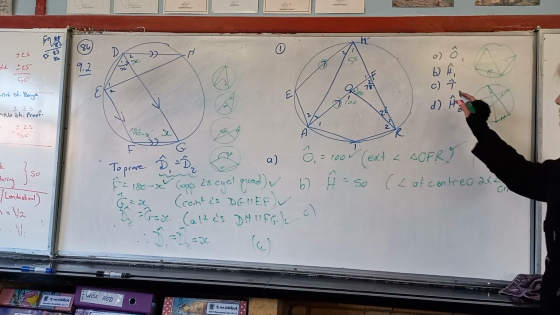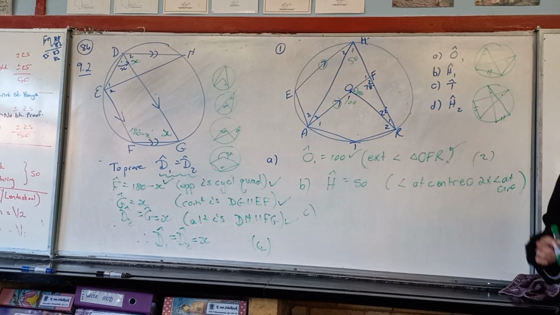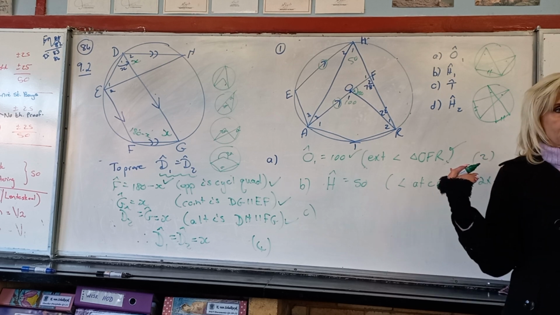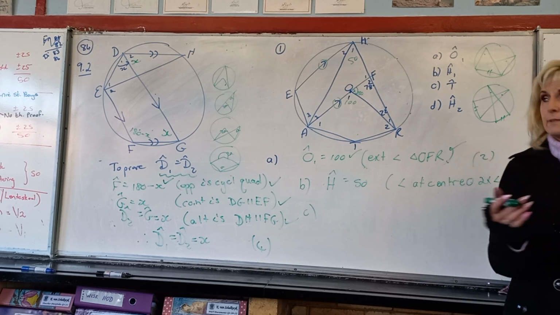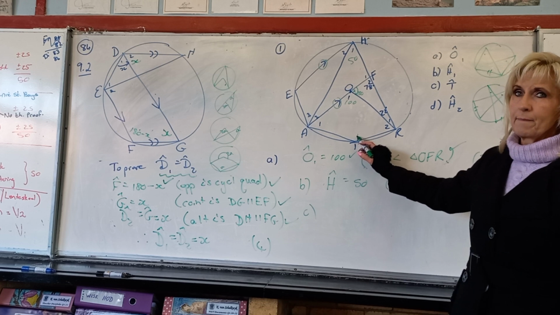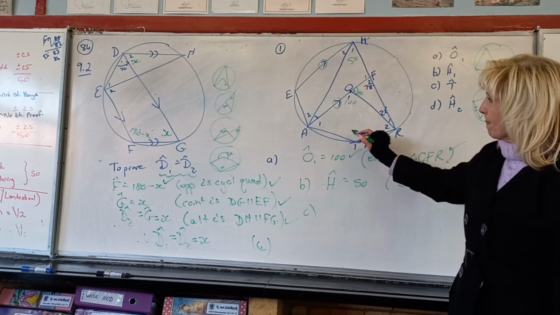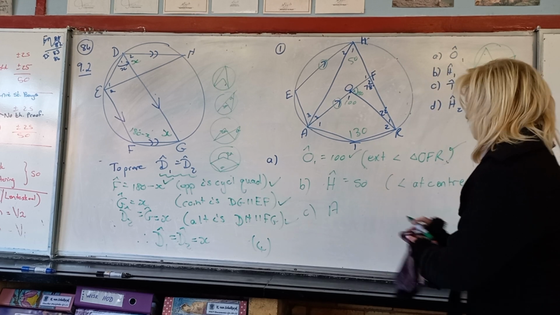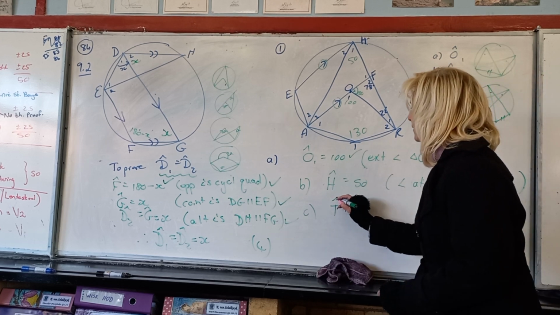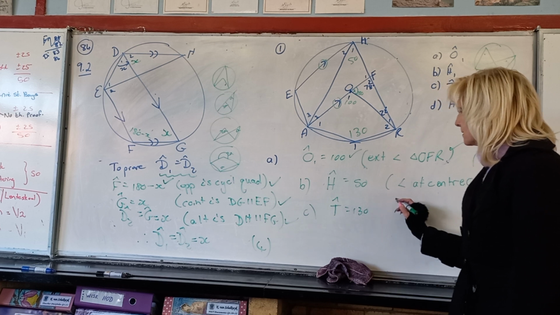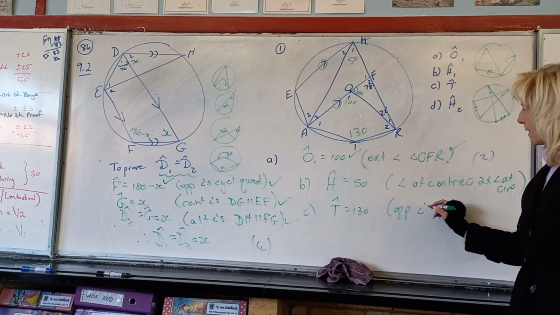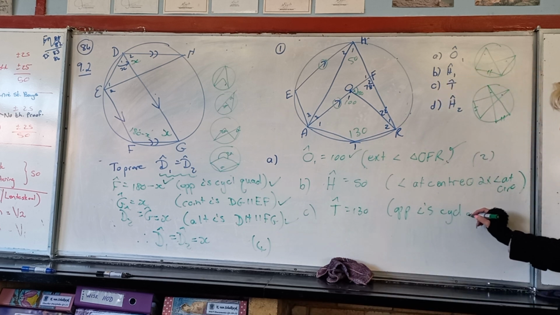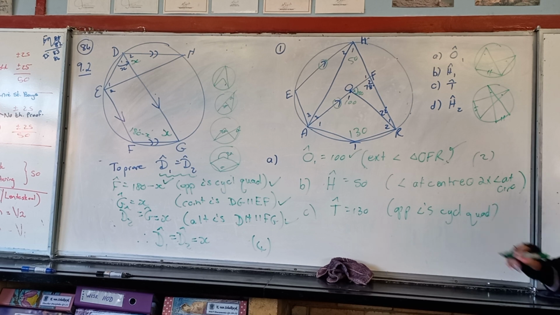Number C was find T. Now going through it just now before we started here, we said all this stuff. So how would I find T? Because it's angles of the cyclic quad. So T would be 130 because of opposite angles of a cyclic quad that are supplementary to each other.